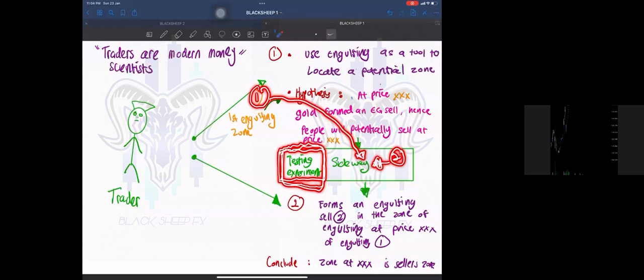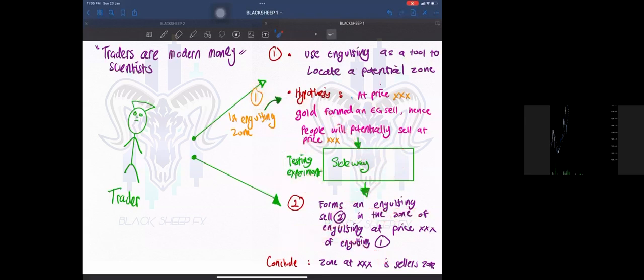So the sideway has to happen. Only then, when the price comes back into the zone, and if it forms an engulfing sell number two in the zone, then we can conclude that there is a seller's zone.